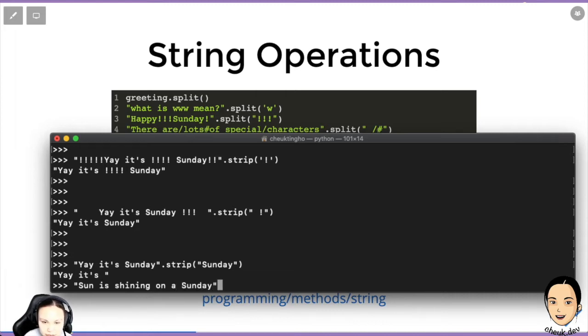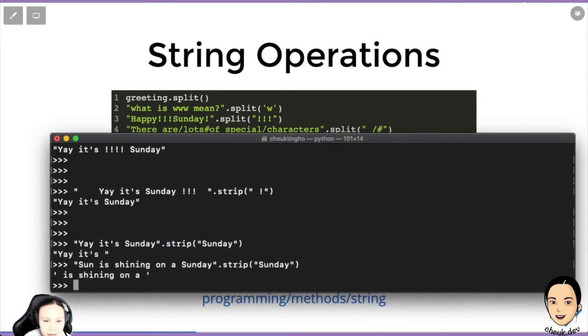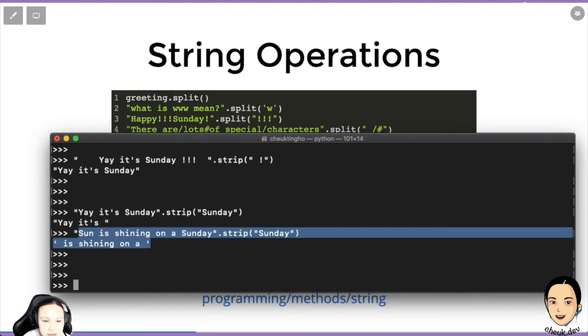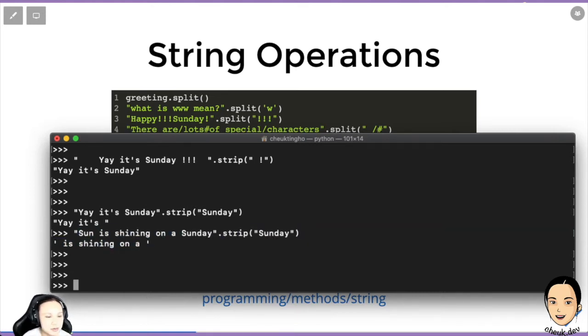Now you say I want to remove Sunday at the end. This one will give you something problematic because it will also remove the sun at the beginning, since it also contains the characters of sun. It's not smart enough to understand that it needs to be exactly this word; it just removes all the characters in it. So that's why we need regex, which I'll explain later.